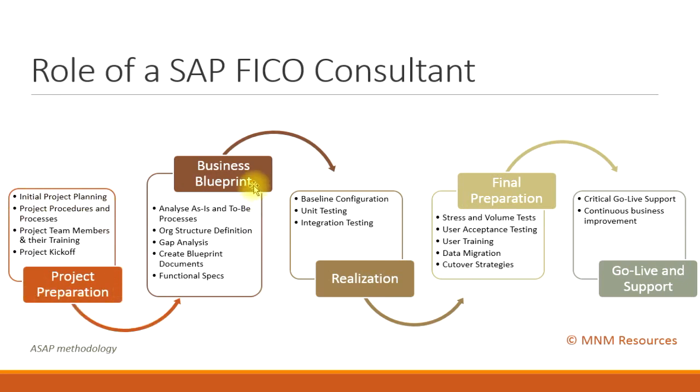The next stage is very important, and I would say one of the most critical stages, the business blueprint. This is the design of your whole SAP implementation. In business blueprint, you're going to discuss with the users and analyze what the current system is doing and how you want to go forward in SAP.